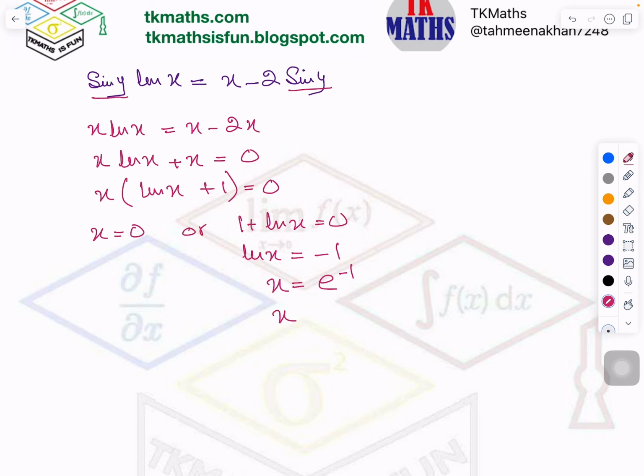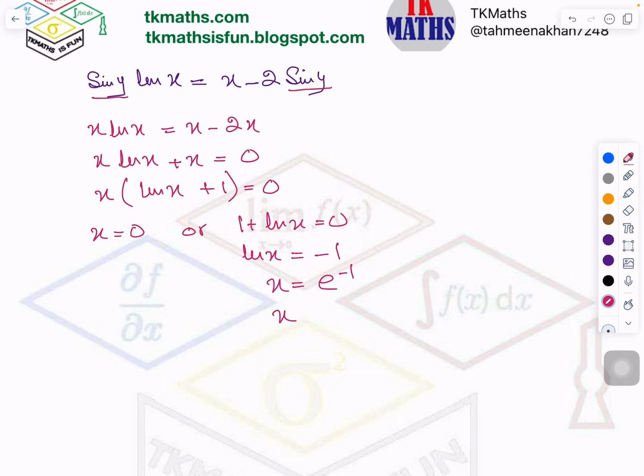How can you simplify this at the very first stage? This was one way, but it is better you understand all the possibilities here. The easy way to handle this question was in part 1 when you were differentiating it. Let me write down the question again. The function was sin y ln x equals x minus 2 sin y.